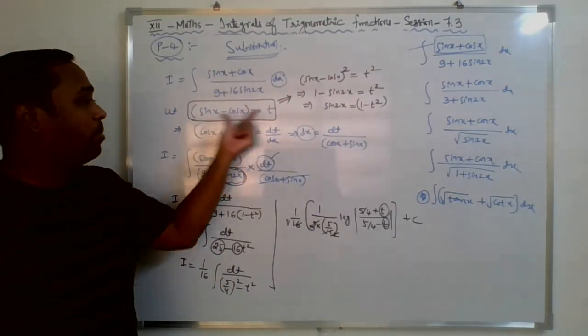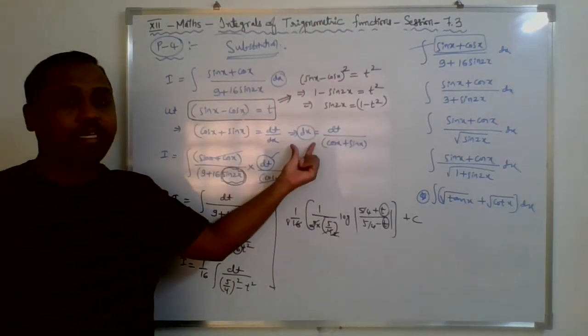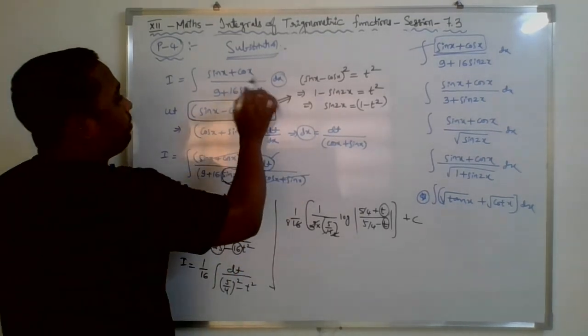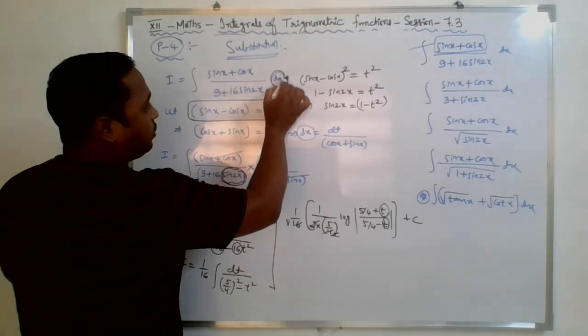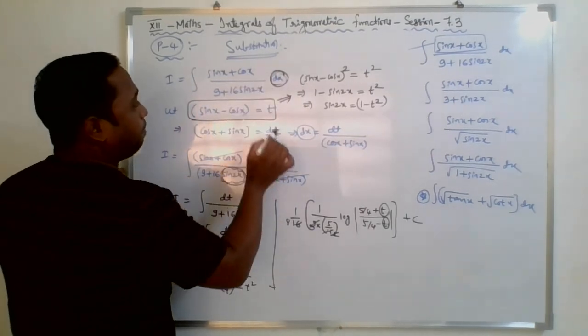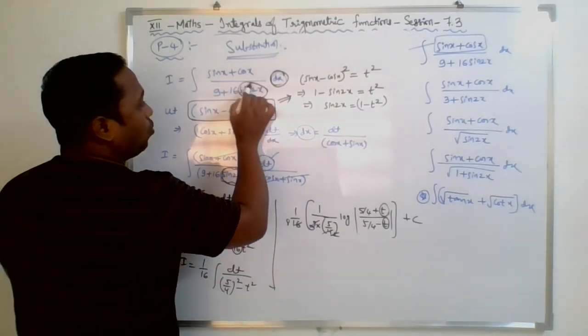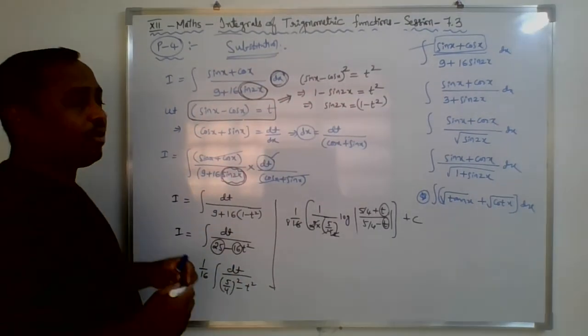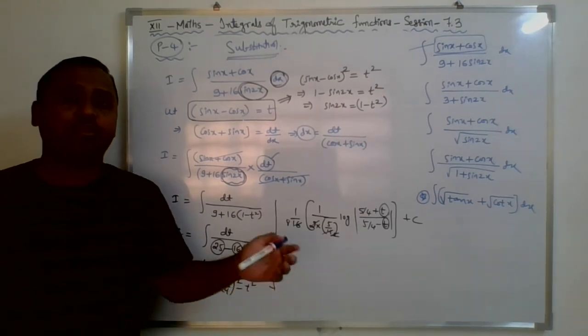And if you are assuming it as t, do the derivative, get the dx. So three things you can change at a time. First of all, this dx is going to change, and sin 2x will also change, right? You change that, and automatically it will convert into a standard form, then you will be able to solve the questions.